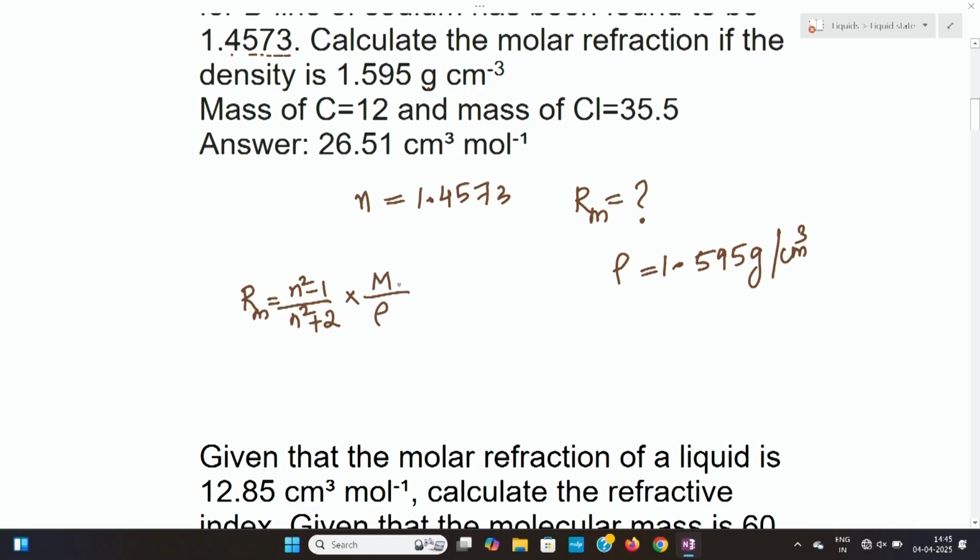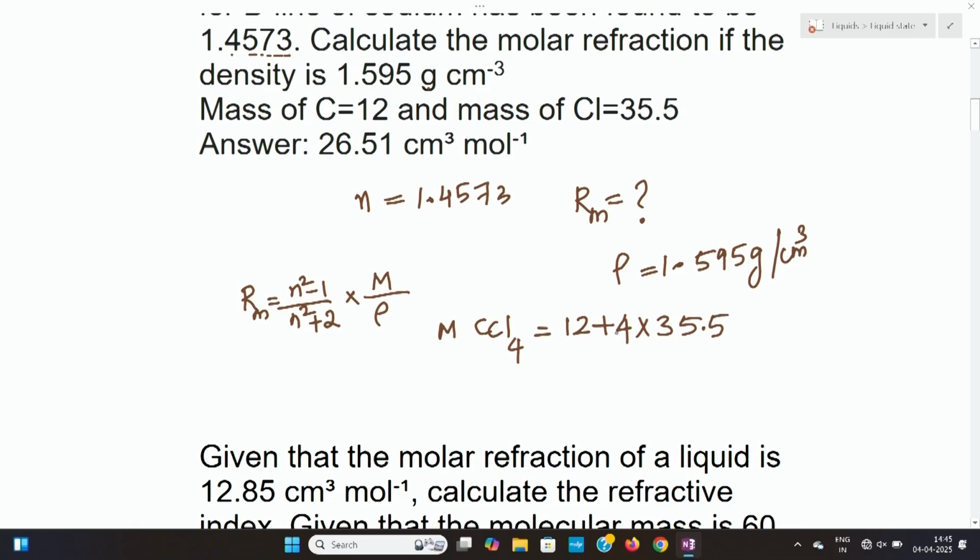Now, we have to find out the molecular mass of carbon tetrachloride. There one carbon is there, therefore 12 plus 4 into the mass of chlorine, that is 35.5.